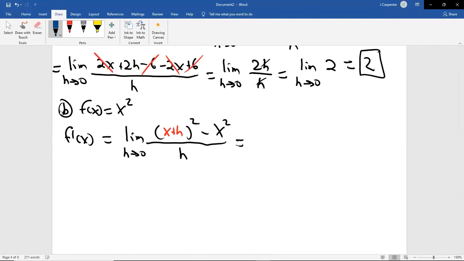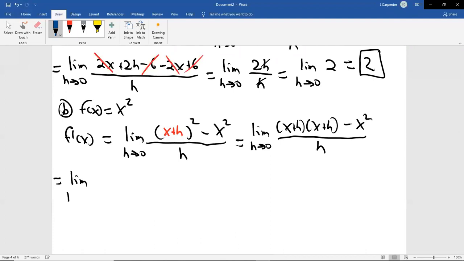All right, well, this parentheses squared is the limit as h goes to 0 of x plus h times x plus h, then minus the x squared, leaving that part alone, all over the h. We're going to FOIL out that pair of parentheses, and you're going to see this multiple times in this class.